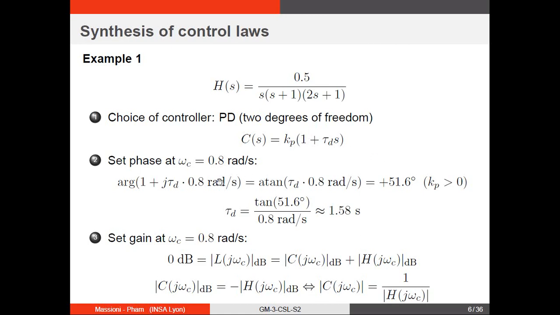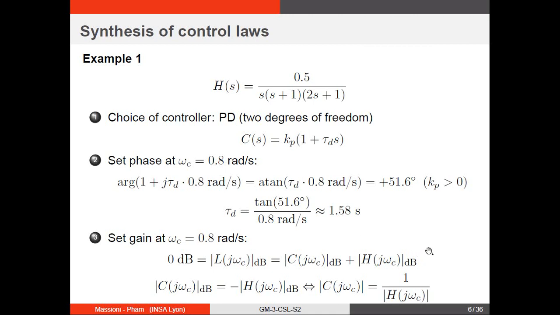Well, in order for omega c to be the crossover frequency, we need the modulus at omega c to be 0 dB. So the sum of the two moduli in dB must be 0: the modulus of this guy plus the modulus of this guy must be 0 at omega c. So if you solve for 0 dB, the modulus of C must be minus the modulus of H, in dB.